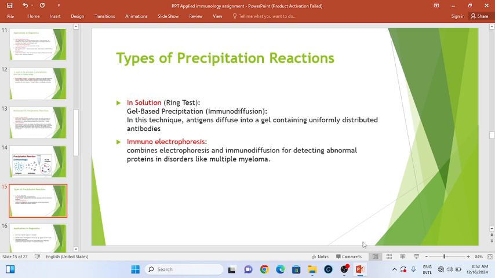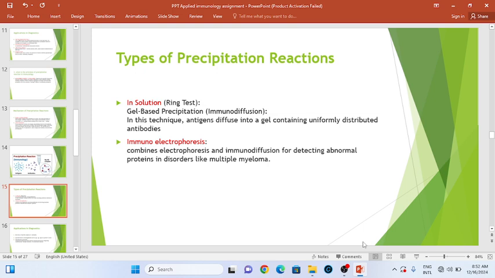Here I have provided the two types of precipitation reaction: one done in solution or a link test, and one done in immunoelectrophoresis. In solution is where we have gel-based precipitation or immunodiffusion.